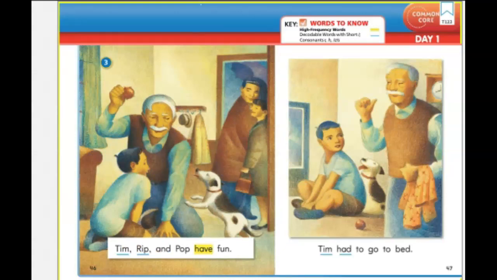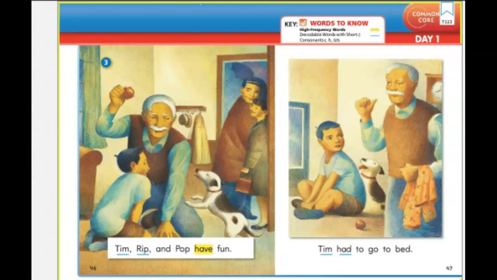Tim, Rip, and Pop have fun. Tim had to go to bed. So there's another word that's highlighted, the word Rip. The word have is highlighted. Have is one of our frequency words. So we have Tim, Rip, and Pop.